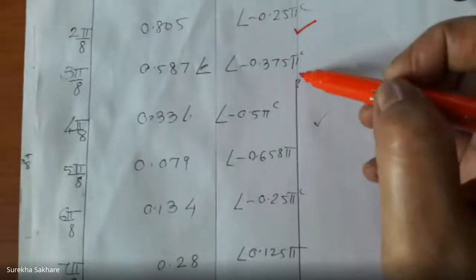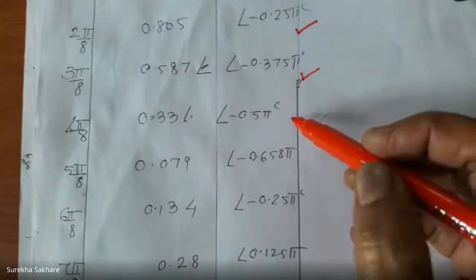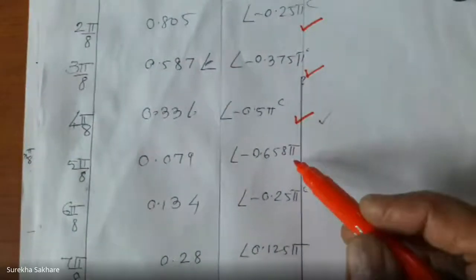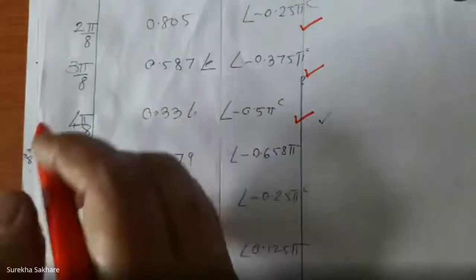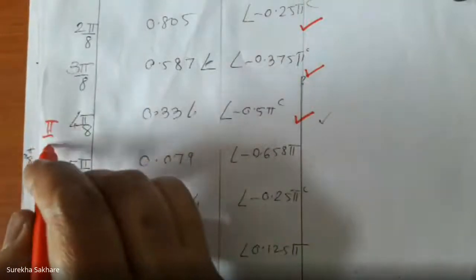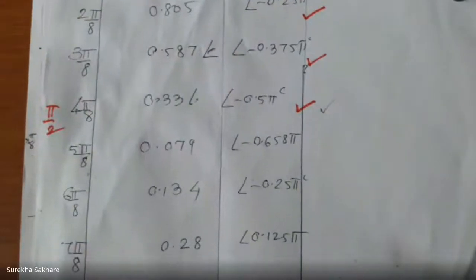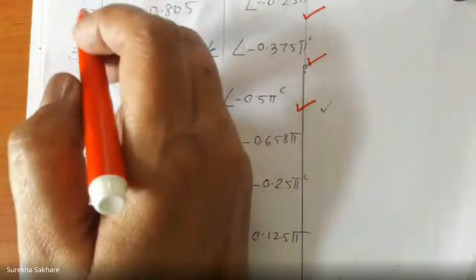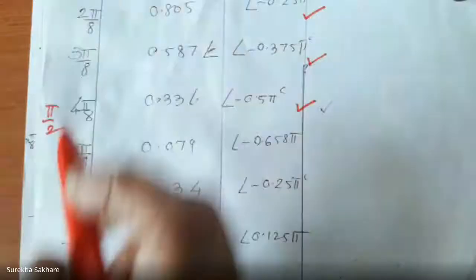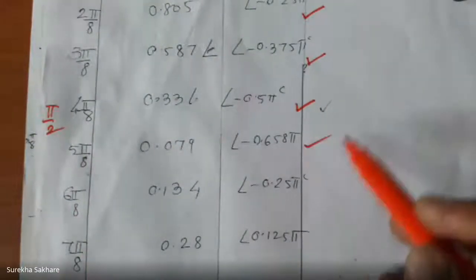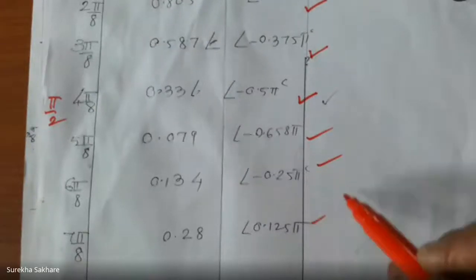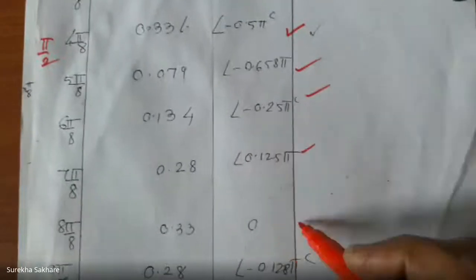Now we will see after getting these values. Now 4 pi by 8 is actually pi by 2. Is it not? Then you have 5 pi by 8. Likewise, 8 pi by 8 is pi. Is it not?